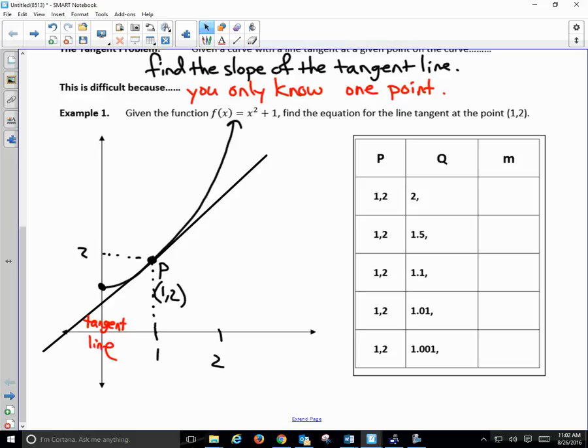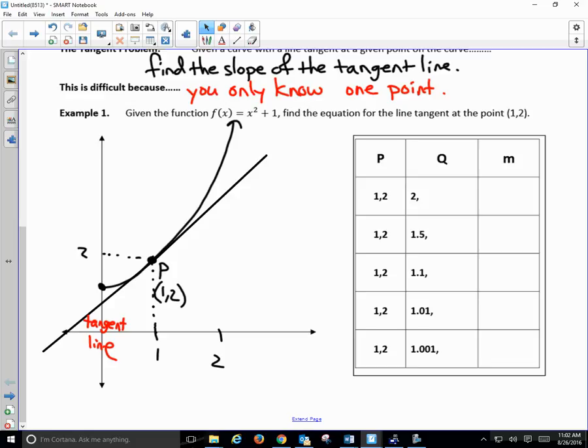Okay, so I'm not doing the problem yet, I'm just setting it up. This is the problem. You would like to be able to look at that line and know what the slope of that line is. Don't know it, do we?